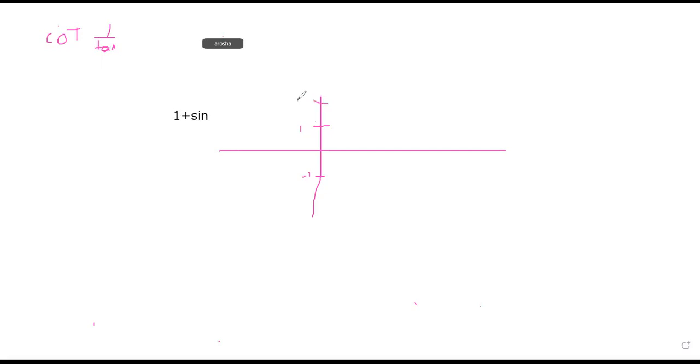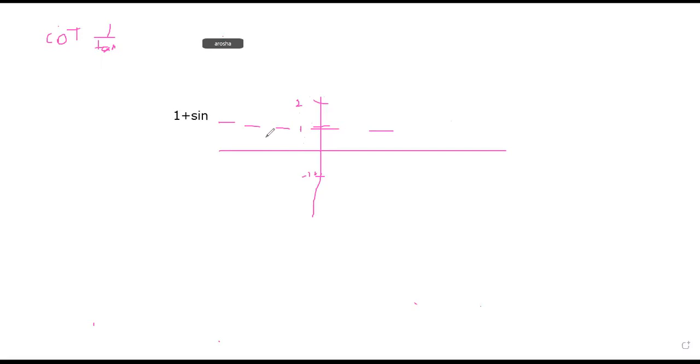So this is 2. And this 1, you should add another 1. So it comes here. And you can draw your graph like that. If it is a sine graph, it's going to be like this.